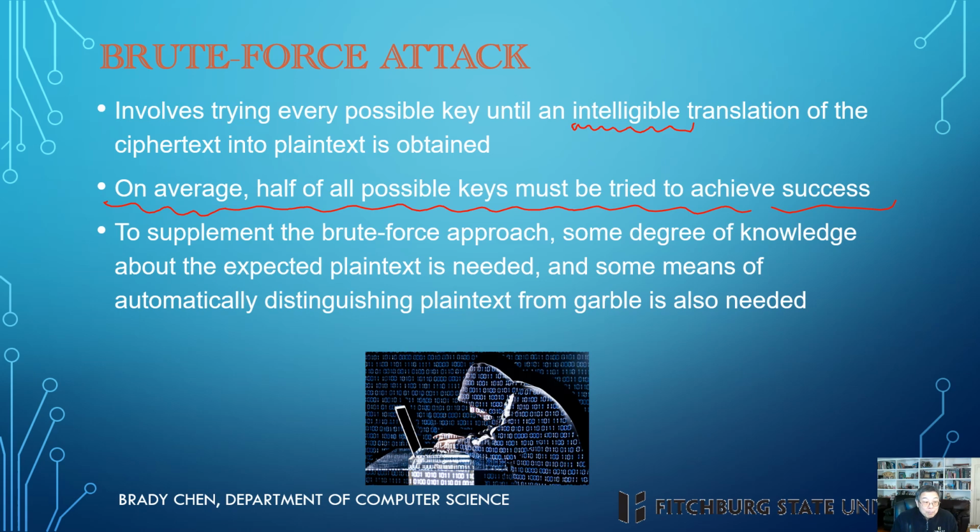Now, in most cases, when people use these encryption algorithms, they're not going to simply use the algorithm to encrypt the English message, right? So they're going to do a little bit more.